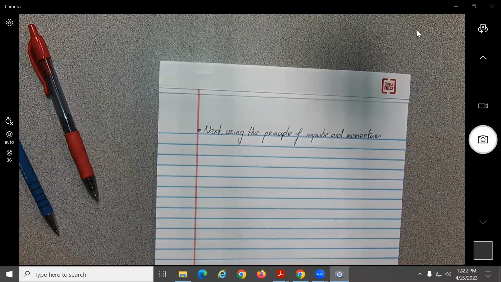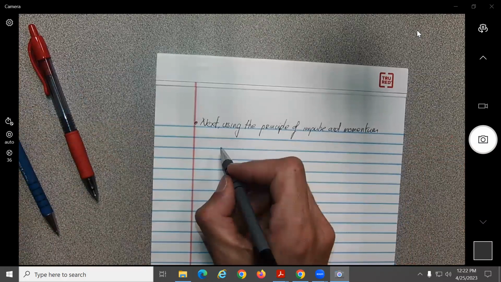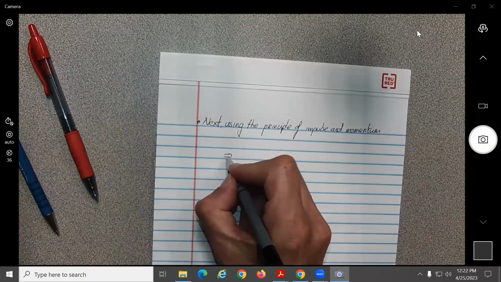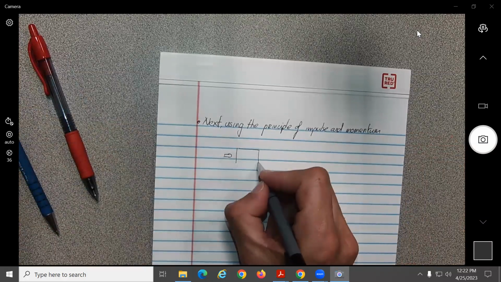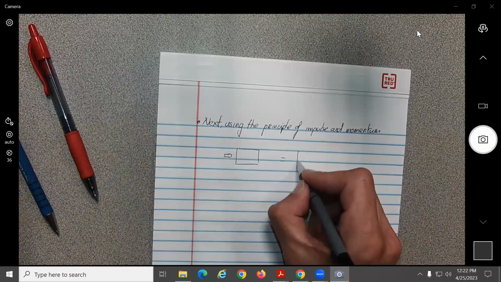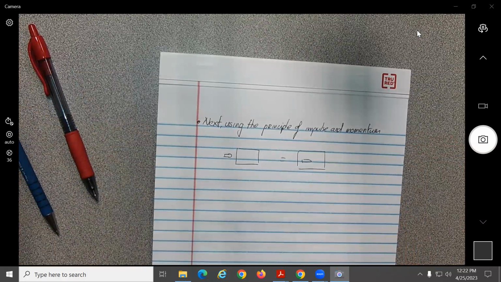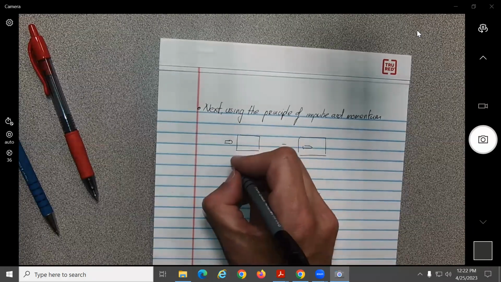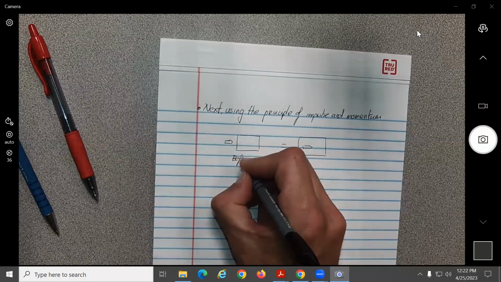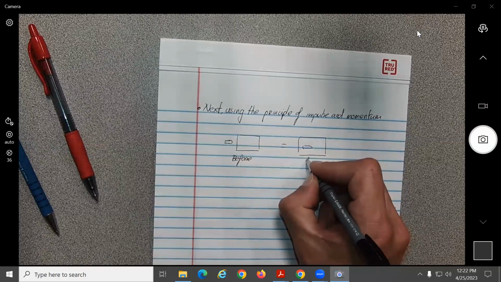So we go back to the first problem that we did, which is going to be changed now. So we have the bullet. The block needs to be equal to the block plus the bullet. So again, before and after.